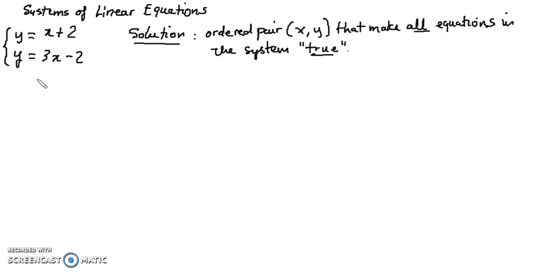To solve this we use a technique called graphing. Graphing is one of the basic ones. So how will we graph this? Fortunately for us, this is in slope-intercept form, y equal to mx plus b. So you already know the b, which is the y-intercept, with coordinates x equal to 0 and y equal to b.